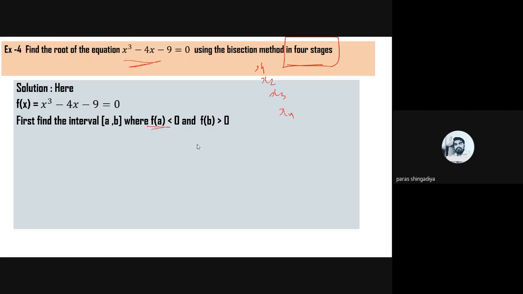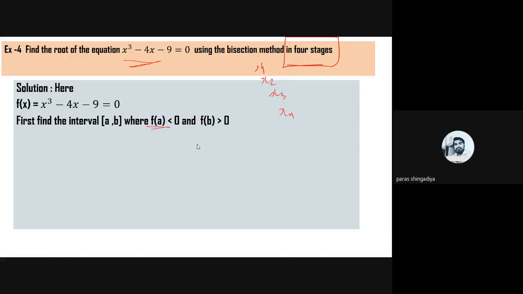So everyone please check which value is a and which is b.